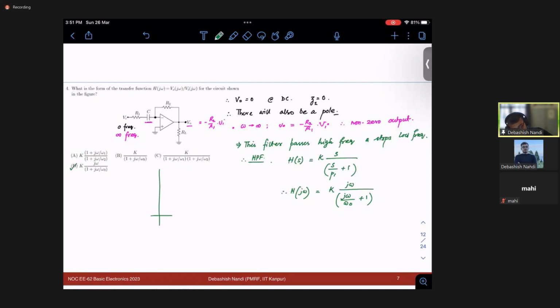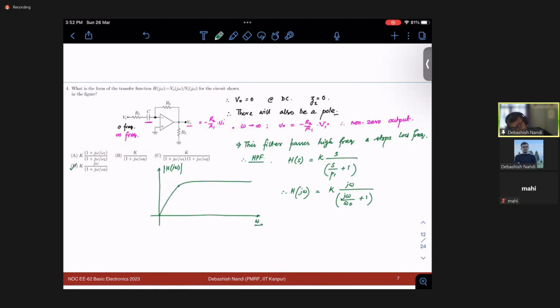Basically, at 0 you have 0 output, right? But after some time, you have some constant output, right? This is your mod of h j omega, and this is your omega.